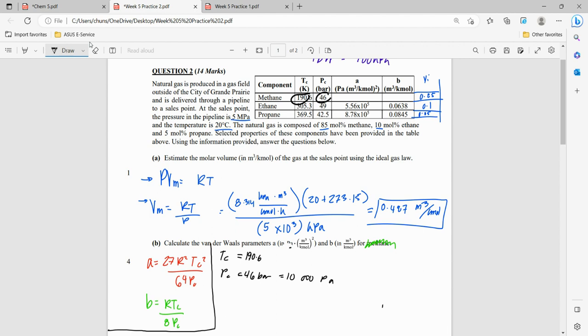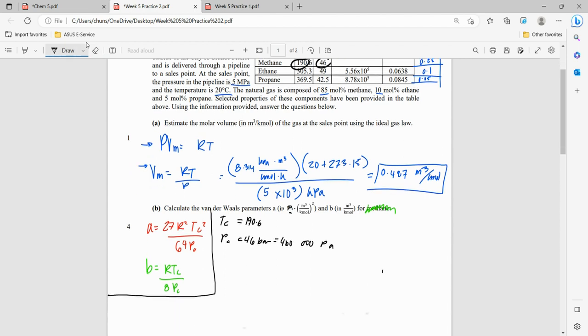Let's keep it in pascals so we can use this unit here for pascals. So times 46, that's 10,000 times 46. And this is 460,000 pascals.